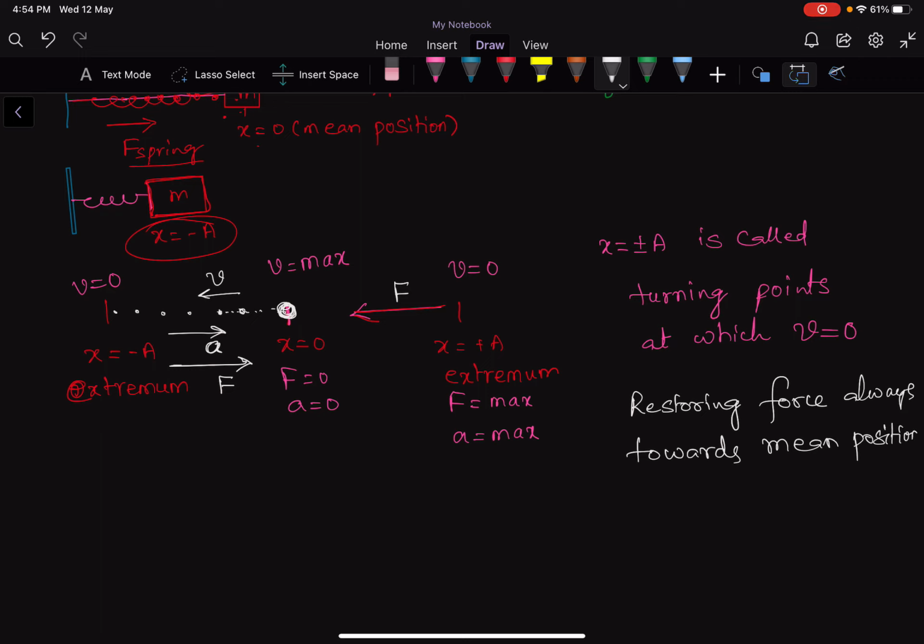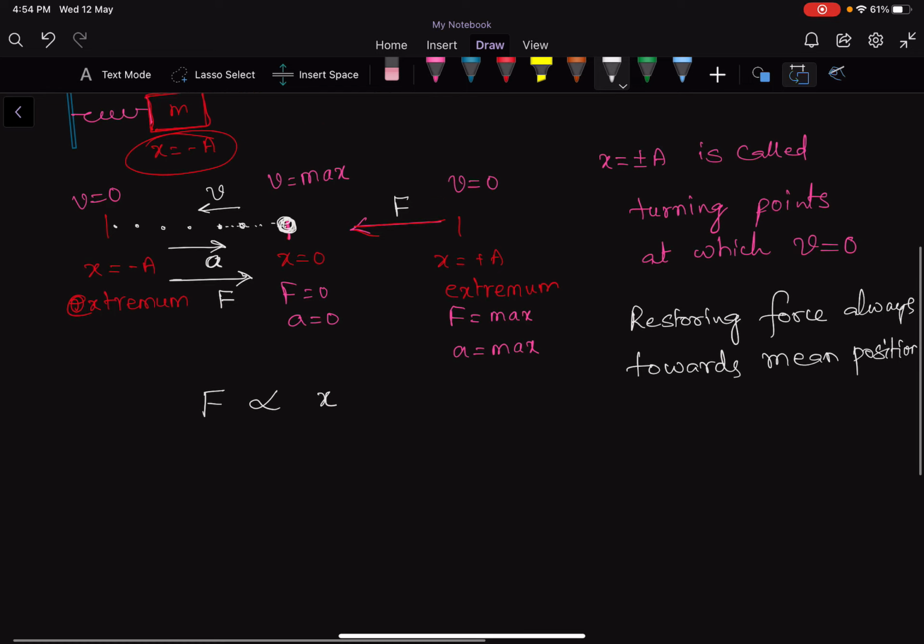This restoring force is directly proportional to displacement. So the spring force or restoring force is directly proportional to displacement. When the proportionality symbol is removed, we get some constant k into x. Here we get a negative sign. Why is the negative sign there?